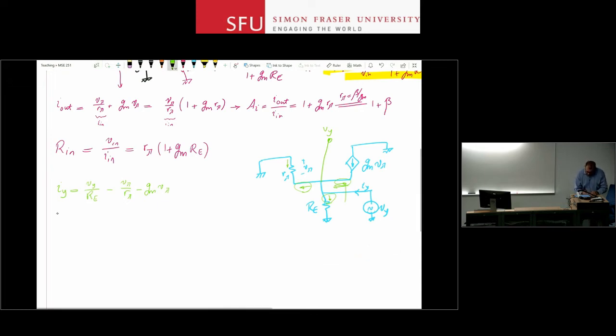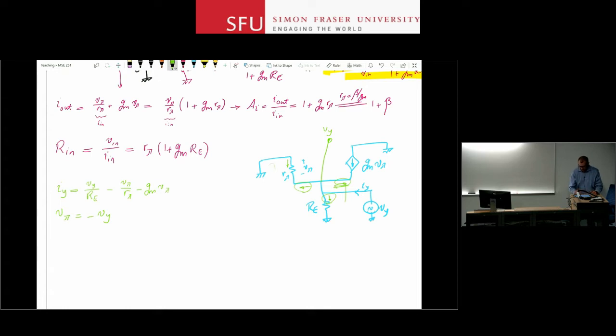So by looking at that circuit, I can see that V pi is minus Vy, right? V pi is measured from here to here, but Vy is measured from here to ground. So V pi is equal to minus Vy.